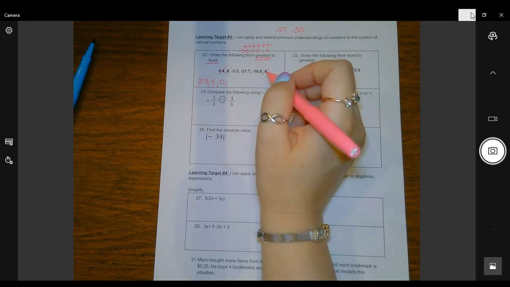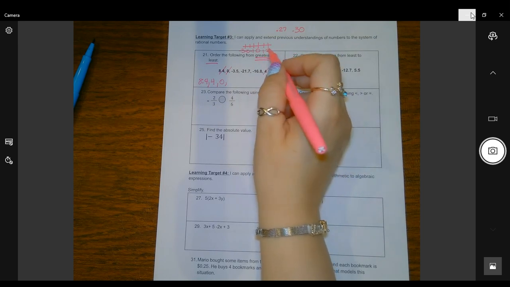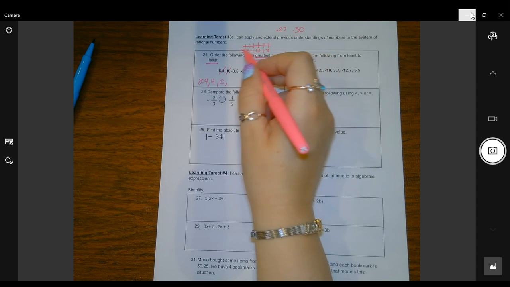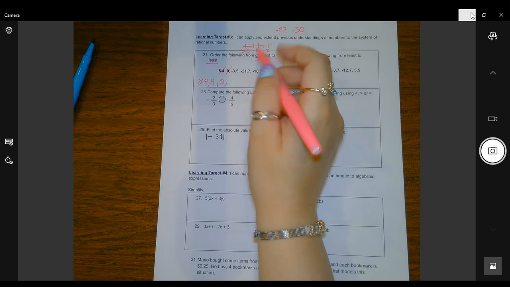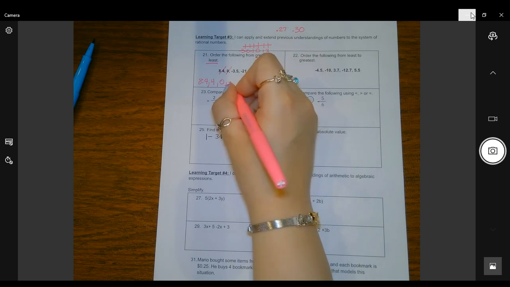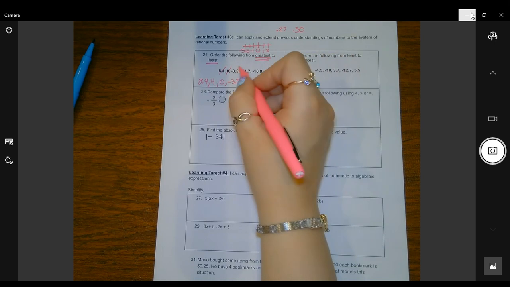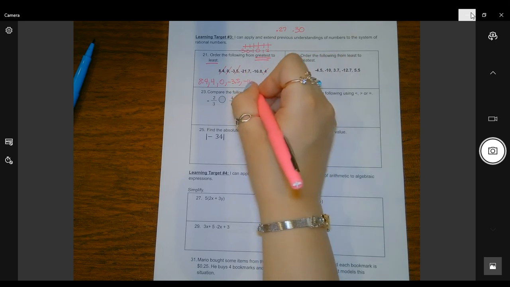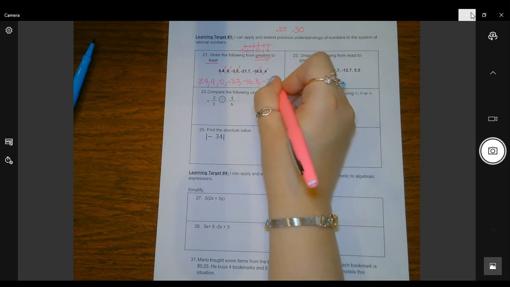Then for the negatives, I'm going from greatest to least, so greatest is this way and then heading that way. So I'm looking for the smallest negative number first. The smallest negative would be -3.5. The next smallest negative would be -16.8. And finally, the last one would be -21.7.